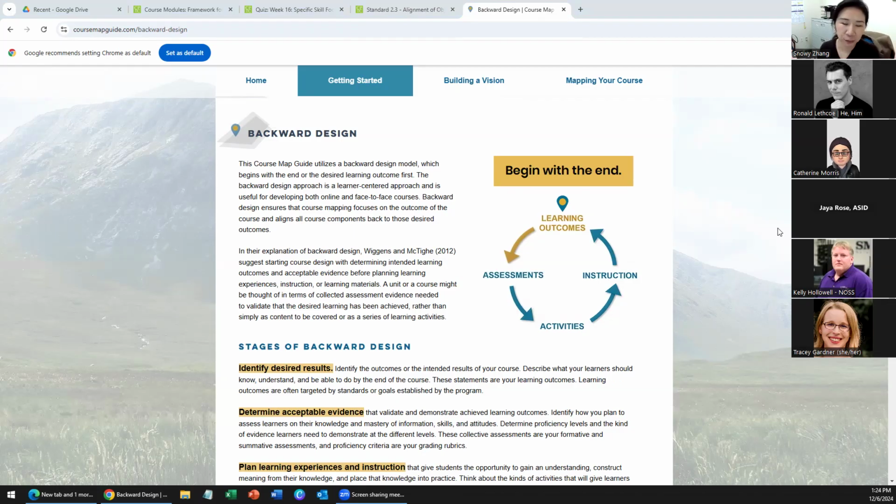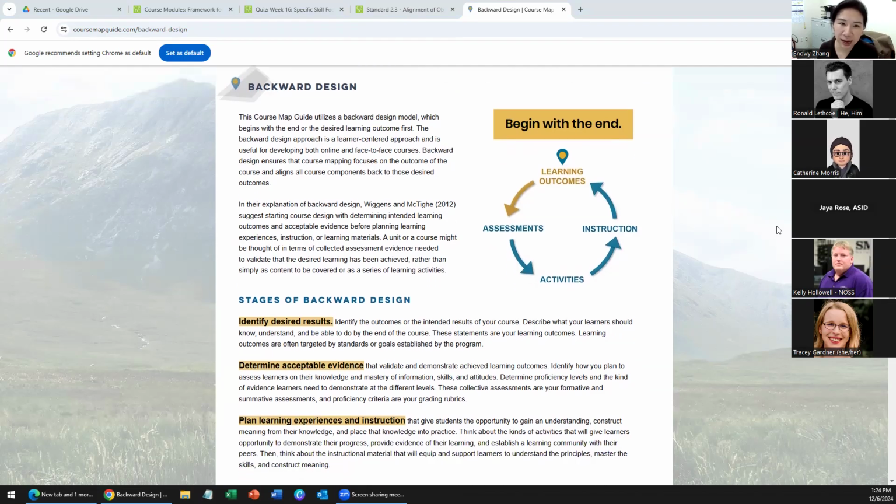I would say it's more about how you clearly define your outcome, particularly what level of outcome you are expecting your students to achieve. Because when you're designing your assessment activities, you want to closely align not only the specific skills or the performance indicators with the assignment, but also the level.